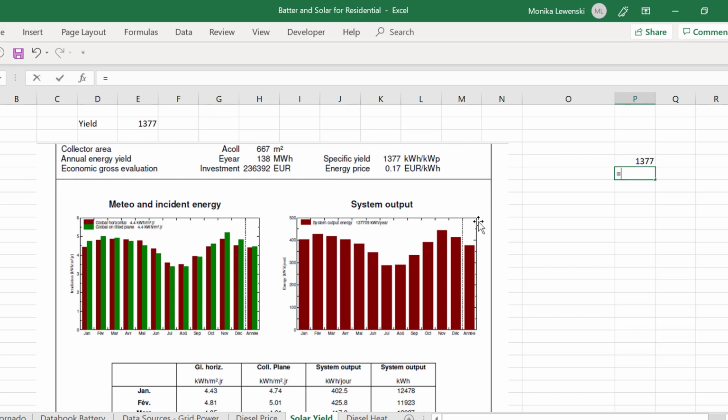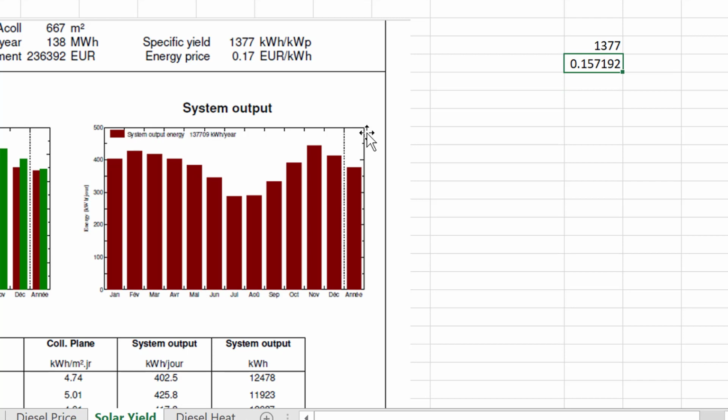So the first thing I do, if I'm used to looking at capacity factors instead, because I started with regular old thermal plants, is this: the yield is this, and the capacity factor is this.